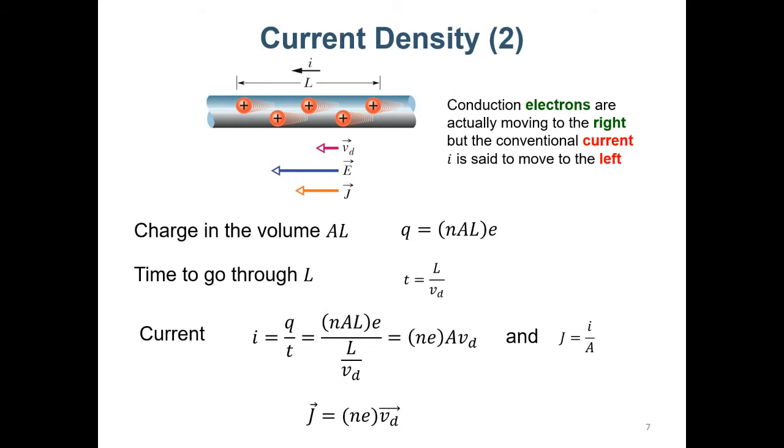So here we have a wire. We consider the length is L, and the velocity of the charge is Vd. We call it the drift velocity, and there should be some E field pushing the charged particle, because you should have some battery, and the battery will create an E field to push the charged particle to move.